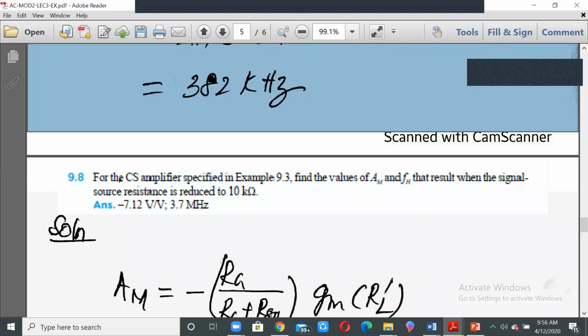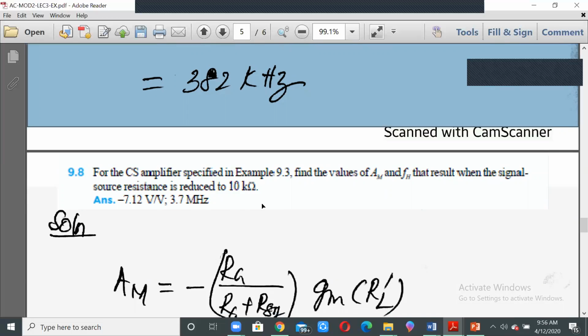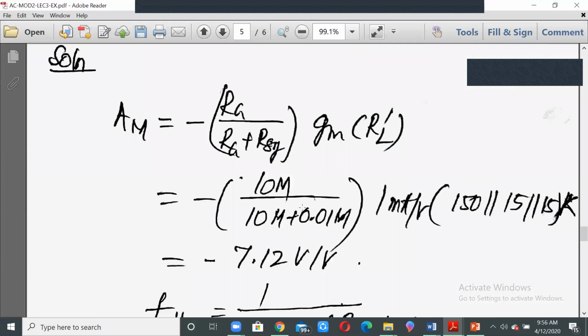Then 9.8: for the CS amplifier in the earlier example, find the value of AM and FH that results when the signal source resistance is reduced to 10 kilo ohms. So nothing big about it, only the signal source is reduced to 10 kilo ohms, that is 0.01 mega ohms. So the only difference is here in the Rsig value, which is 0.01 mega ohms. So therefore the gain will rather increase to 7.12, again with a minus sign.